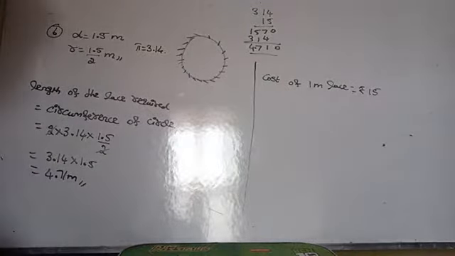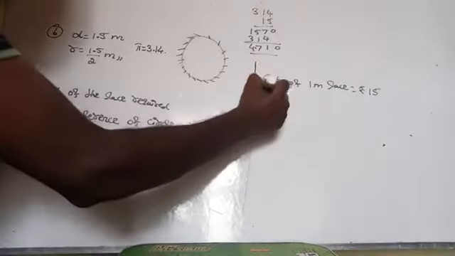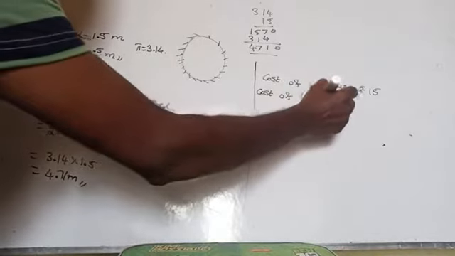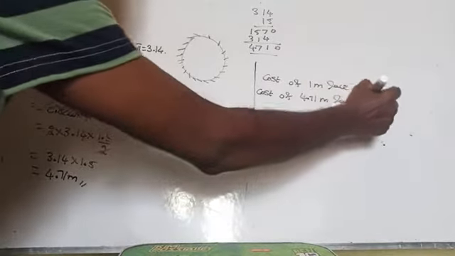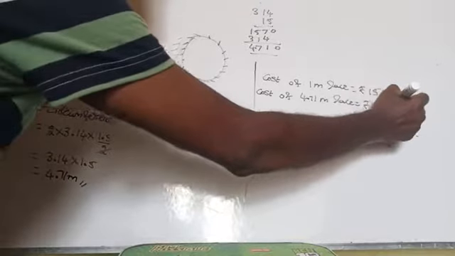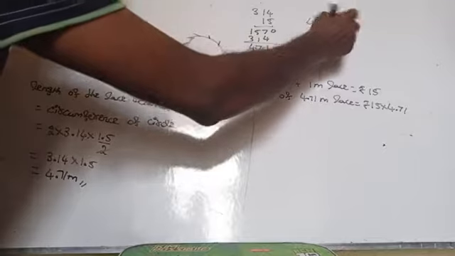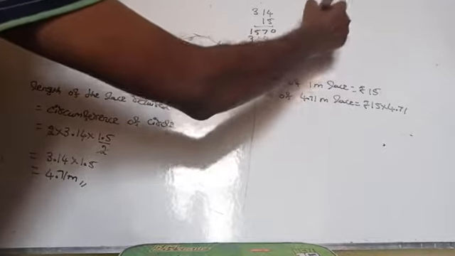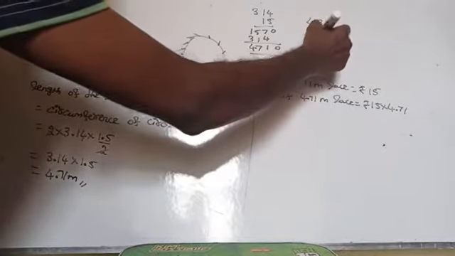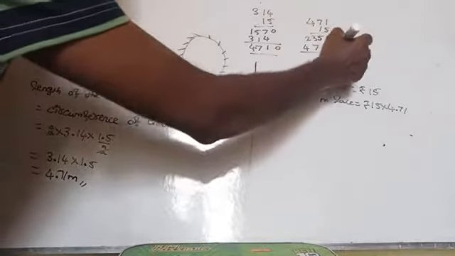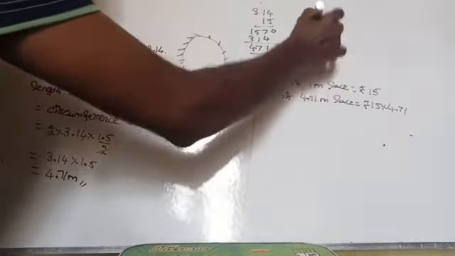So you have to find the cost of 4.71 meter lace, that is equal to rupees 15 into 4.71. 5 7 5 are 35, 3 23 7 1 1 7, 4 here, 5, 6, 10, 7.